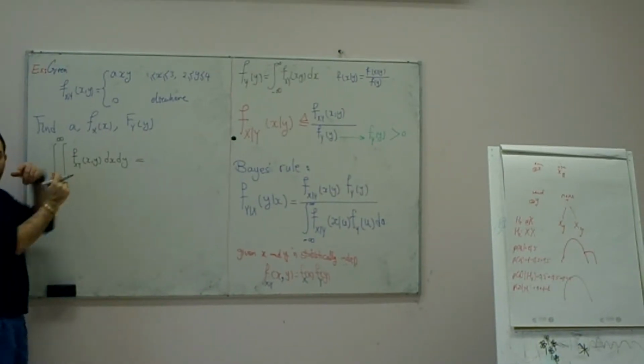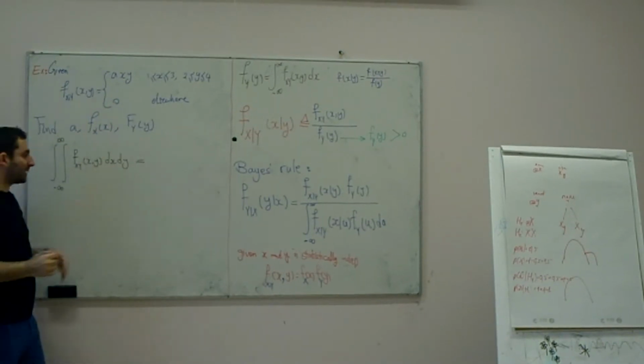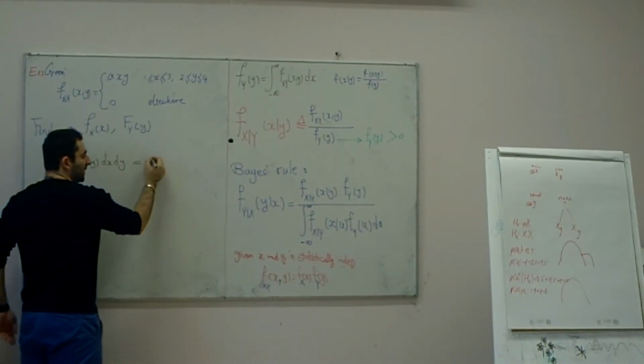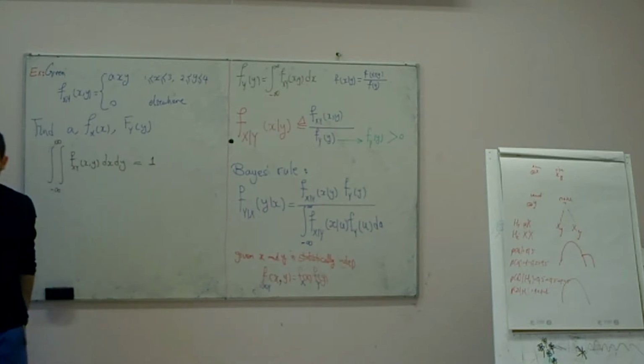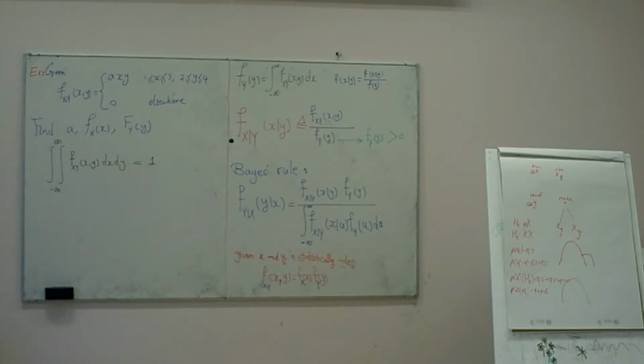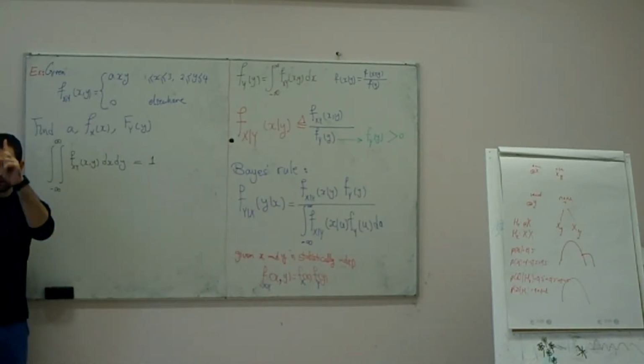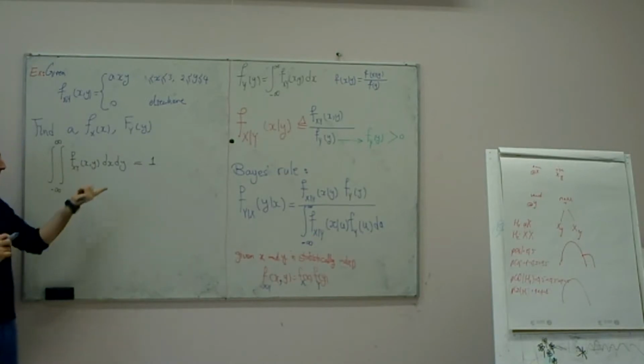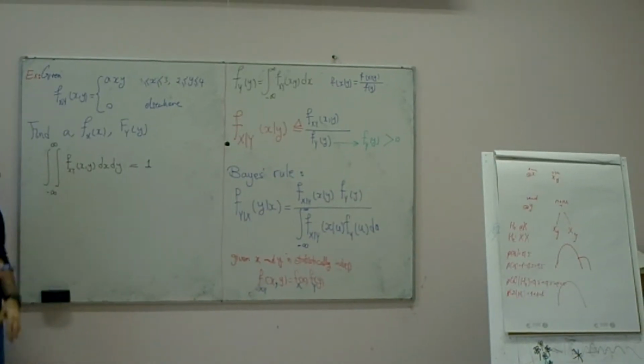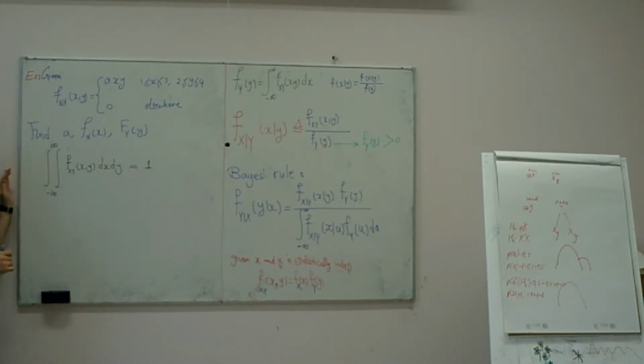From minus infinity to plus infinity, the integral of the distribution function is 1. This is the fundamental rule, right? The addition of all the probabilities is equal to 1. In the continuous form, the integral of all the probabilities is equal to 1.